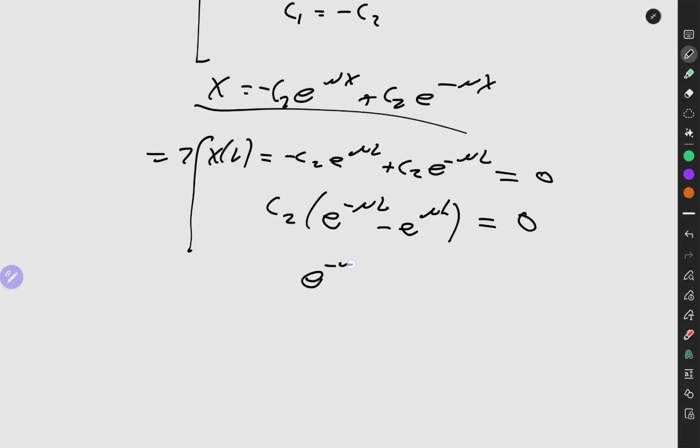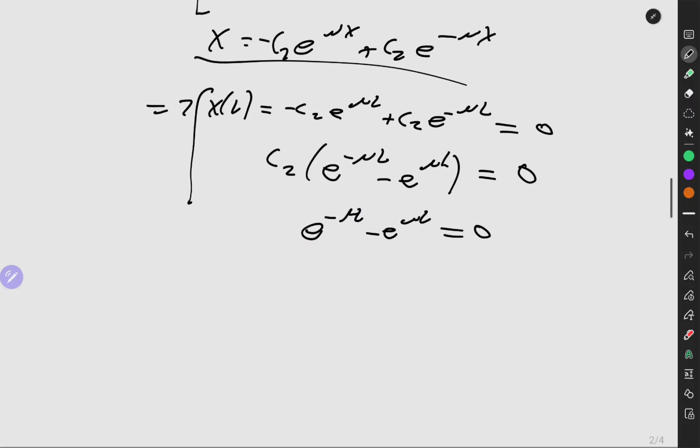But we know that this here has to be 0. So now think about this. What value of mu would make this 0? 0, right? Because if this is 0, then we have 1 minus 1 equals 0.